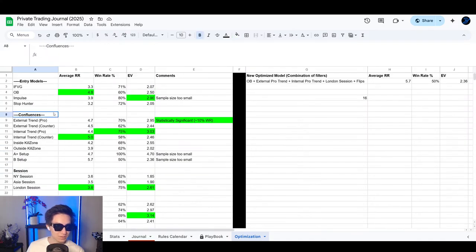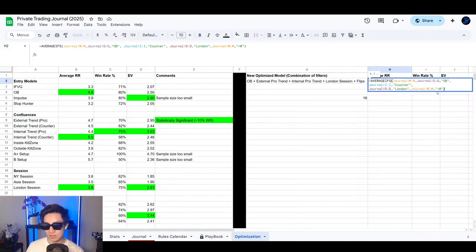PY type, sessions, confluences, entry models. We'll keep everything more standard here. If we optimize all of this, we get 5.7 risk reward.